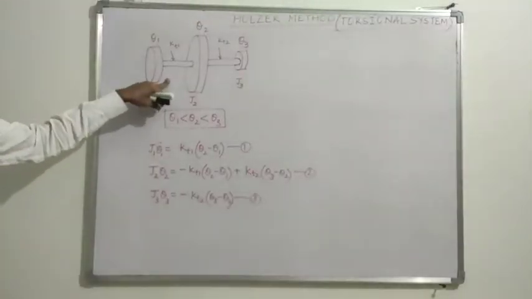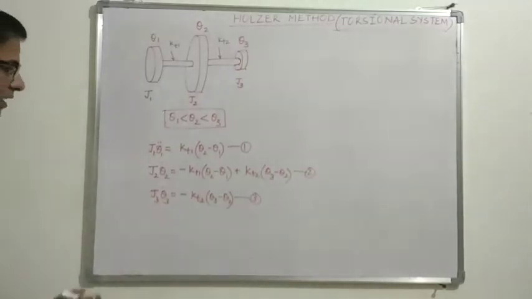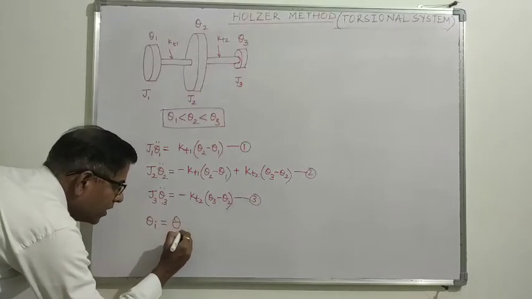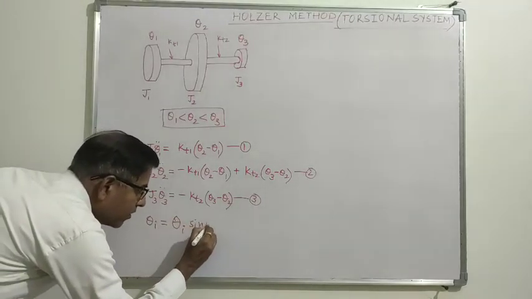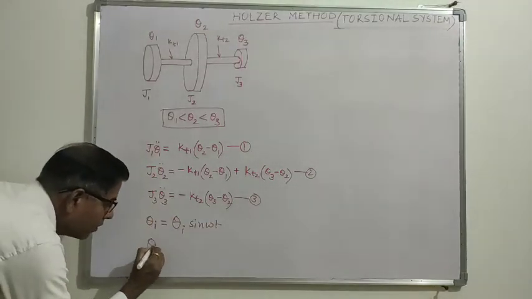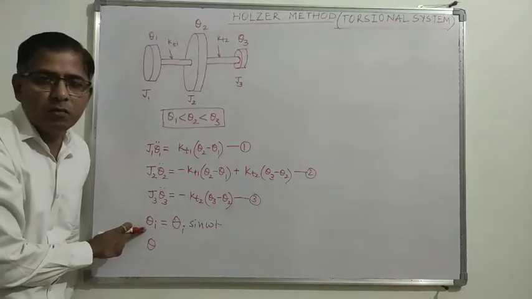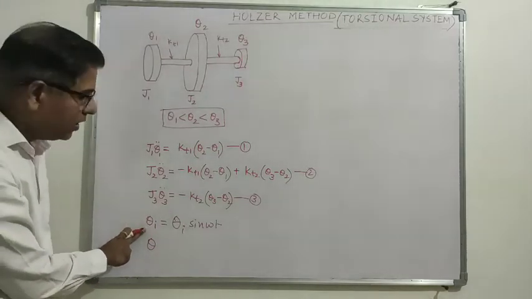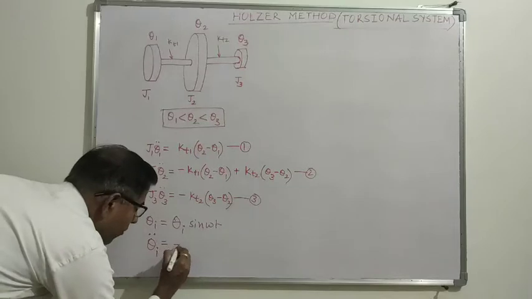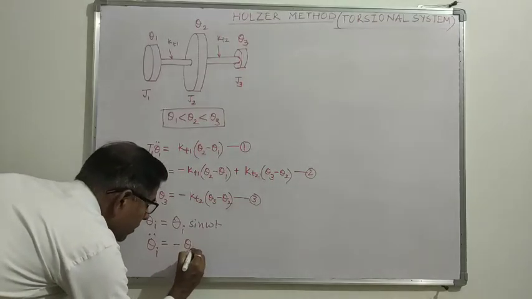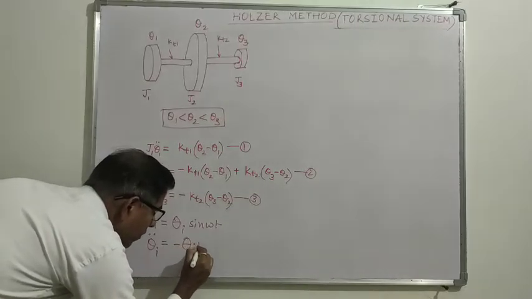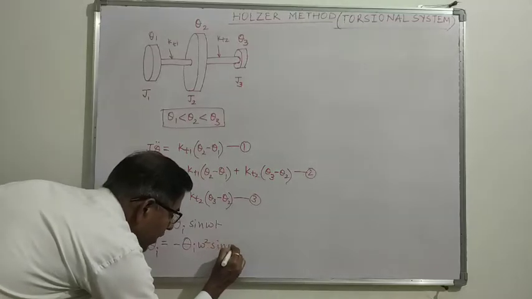Now here this theta i is nothing but theta i sin omega t, and theta i double dot, if you differentiate this equation 2 times with respect to t, becomes minus theta i omega square sin omega t.